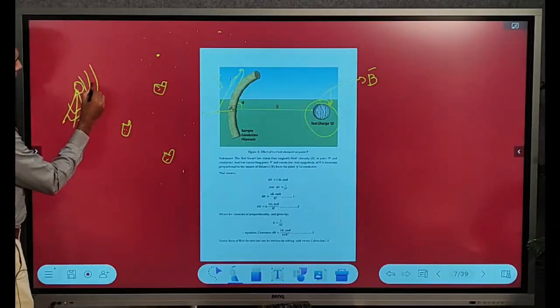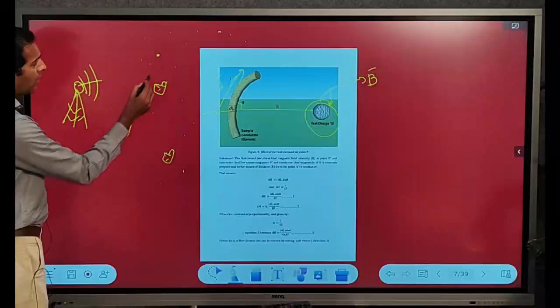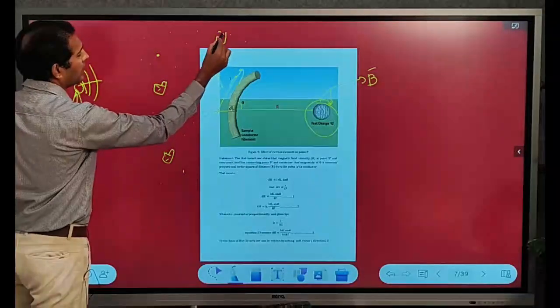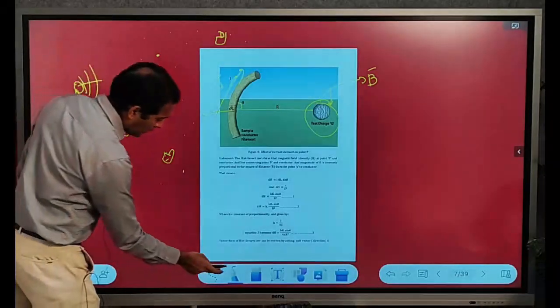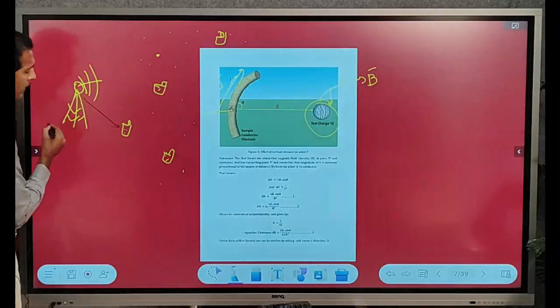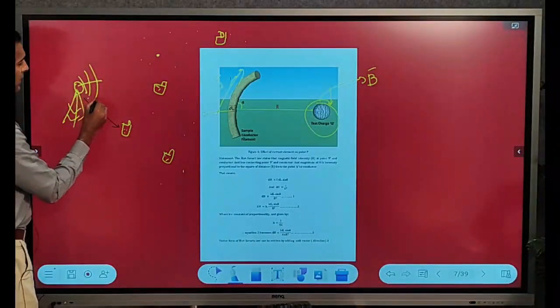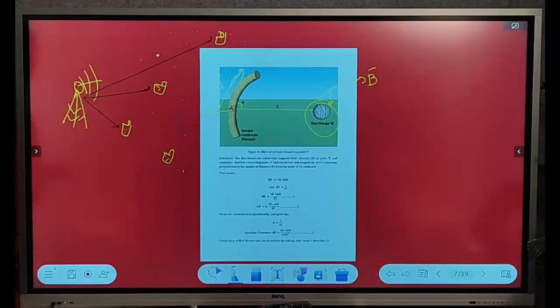Now this antenna will have some effect, some strength, on all these mobile phones. How much effect of this antenna is there on this mobile, and how much on that mobile? That is nothing but the strength of our signal.